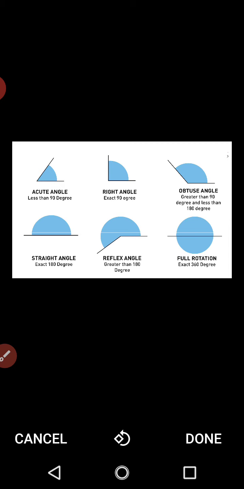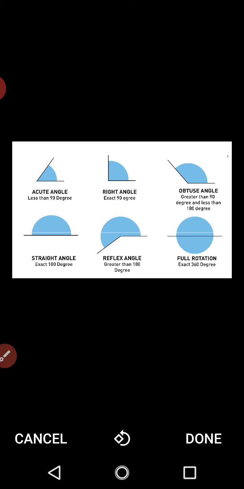In the same way, a right angle is exactly equal to 90 degrees. So this is a region which shows a right angle. Now next one is obtuse angle. This is more than 90 degrees and less than 180. Here also we can take more than 90, means 95, 100, 110, and less than 180, up to 179 you have to take for the obtuse angle.